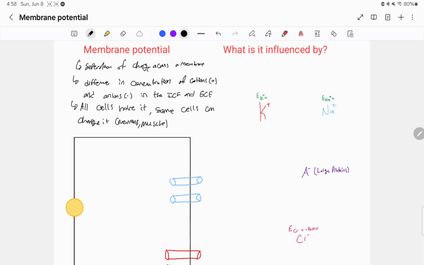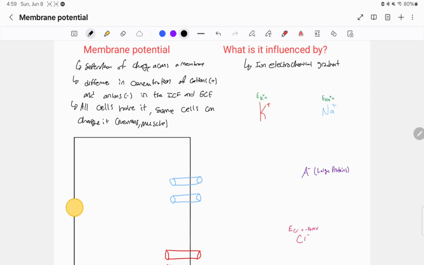Now, if we go back to my plasma membrane video, you'll remember that I mentioned that any molecule, specifically ions, that have these kinds of charges not only exhibit a chemical gradient or concentration gradient, they exhibit an electrical gradient as well. So the membrane potential is also influenced by the ion's electrochemical gradient, and it could be any one of those ions we talked about.